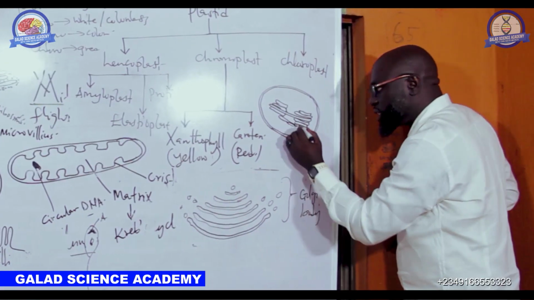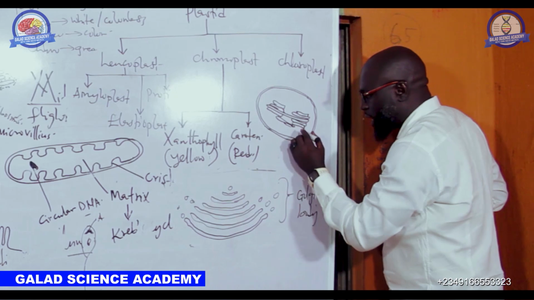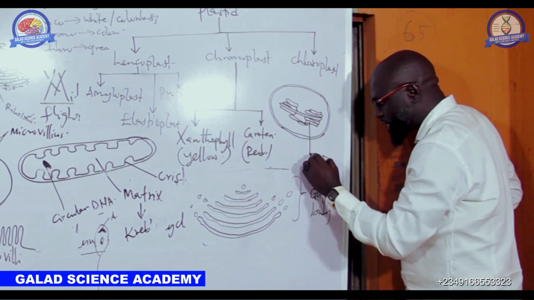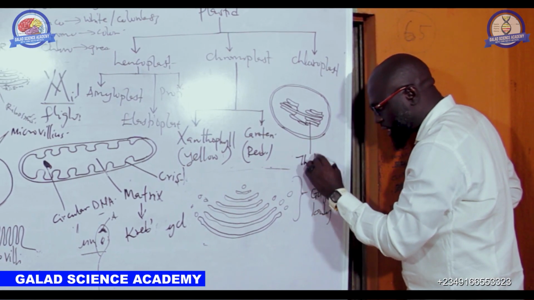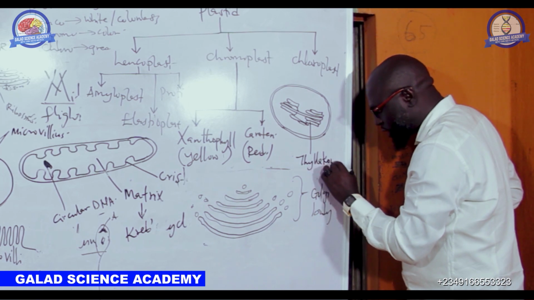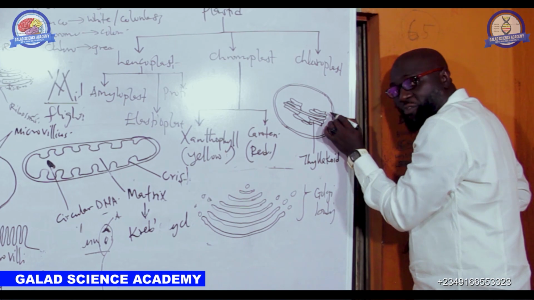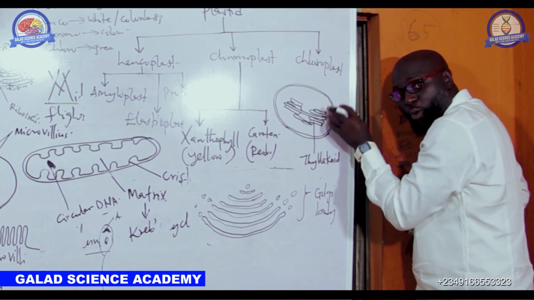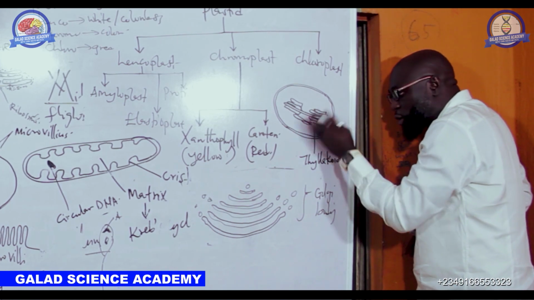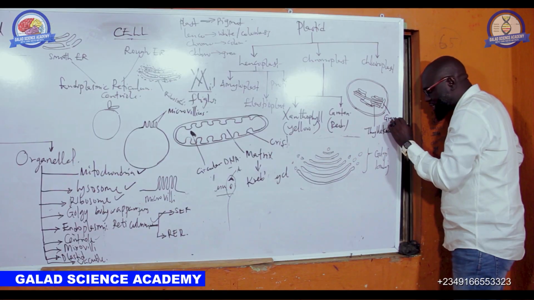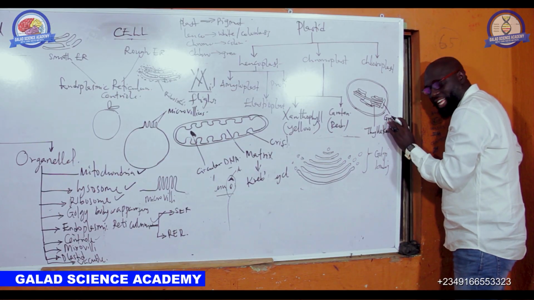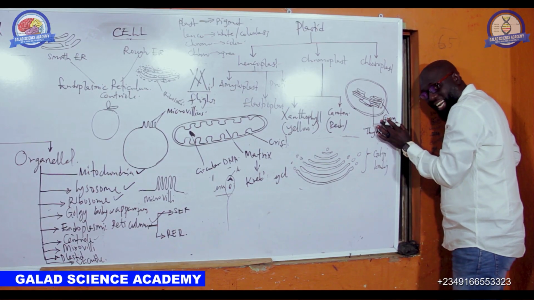So this word that I put here, what did I call it? Thylakoid. And then the group of thylakoid, two or more thylakoids, when they combine together, what did I call it? Grana. The combination of two or more thylakoids, we call it what? Grana.